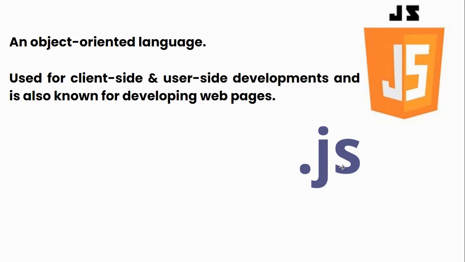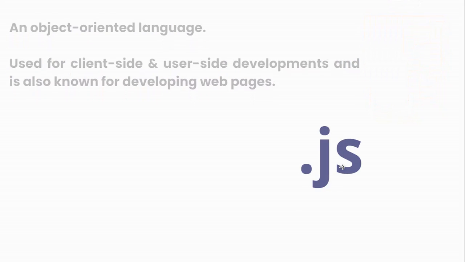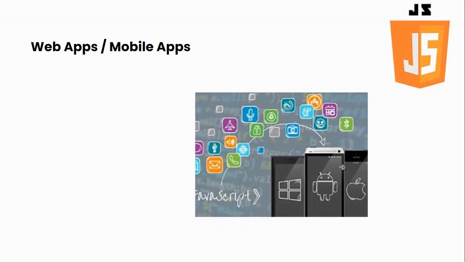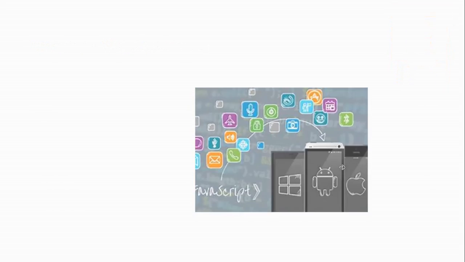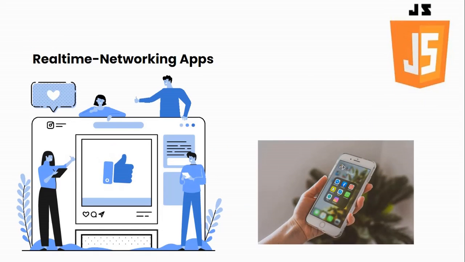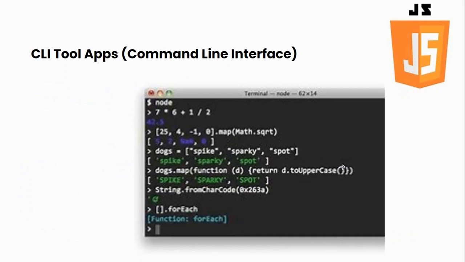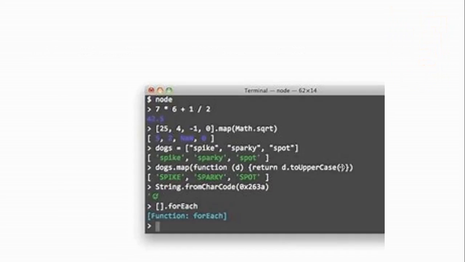You can even build real-time networking applications like live video chatting applications and video streaming applications. You can build CLI tool applications like command line interface tools, right? Not only that, gaming applications can also be built with JavaScript. All these kinds of applications can be built with JavaScript.